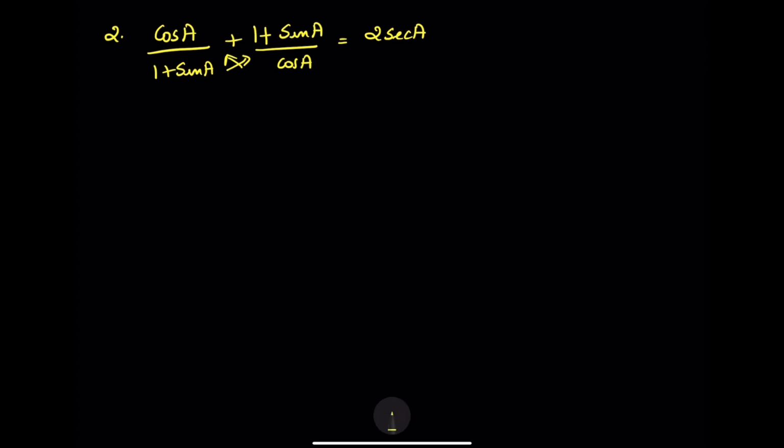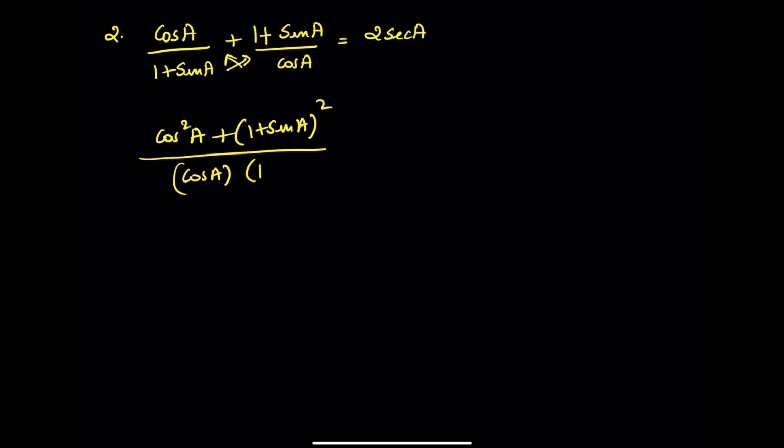So cos A times cos A is cos square A plus (1 plus sine A) the whole square divided by cos A times (1 plus sine A). So all that we did is multiply the denominators so that we arrive at a common denominator.